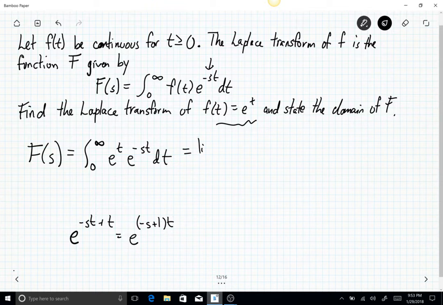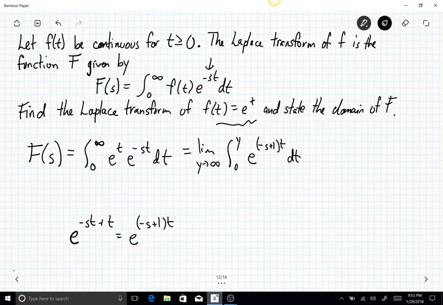So this thing becomes the limit as, I don't want to use t anymore because we have t's involved here, so let's say limit as y approaches positive infinity of the integral from 0 to y. So we go e to the, and then in this case it's negative s plus 1 times t dt. Okay. So if you're taking a look at these integrals in general, how do we solve that? Well, we're solving in terms of our antiderivatives in terms of t.